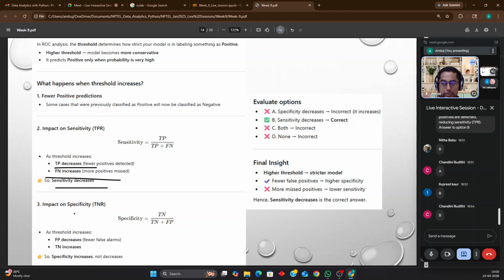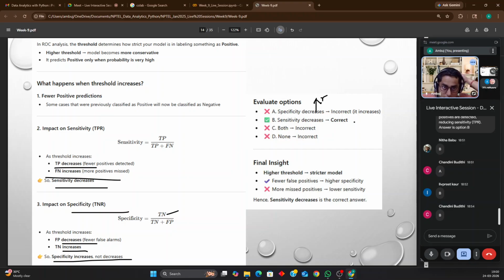Specificity is true negative divided by true negative plus false positive. False positive is decreasing, so true negative will increase. Specificity increases, not decreases. So does specificity decrease? No, it does not decrease, it increases. Sensitivity decreases. Yes, it is correct.